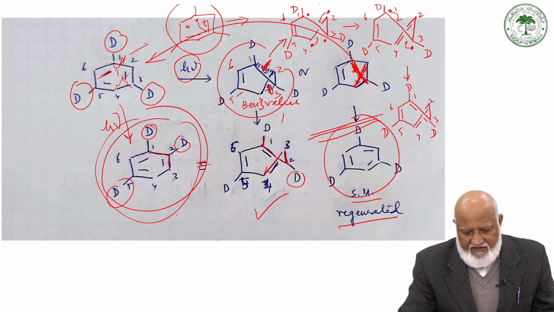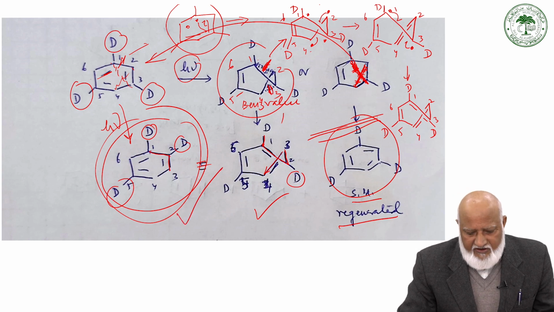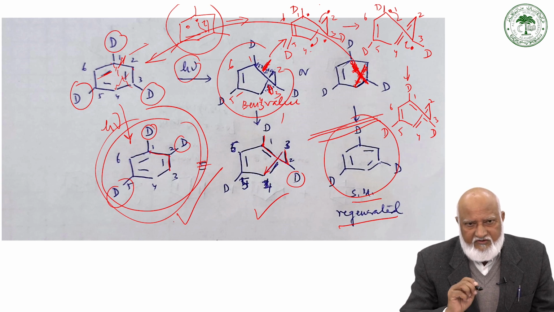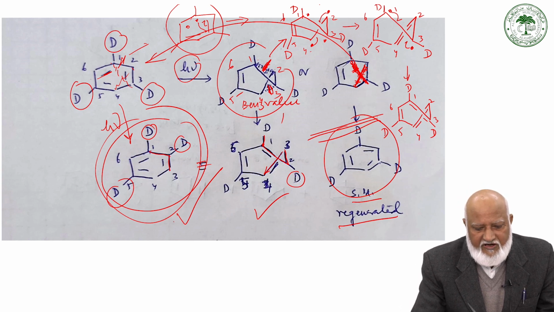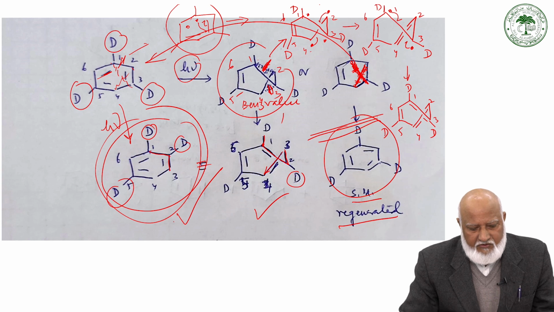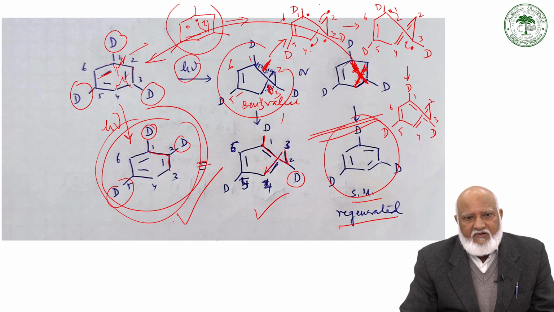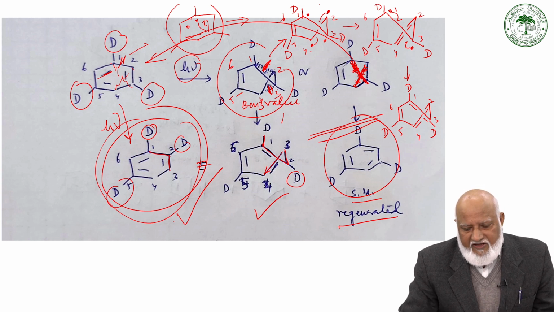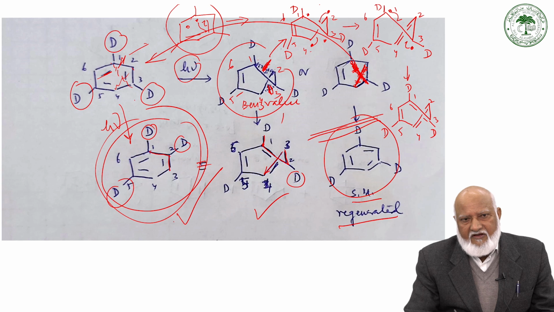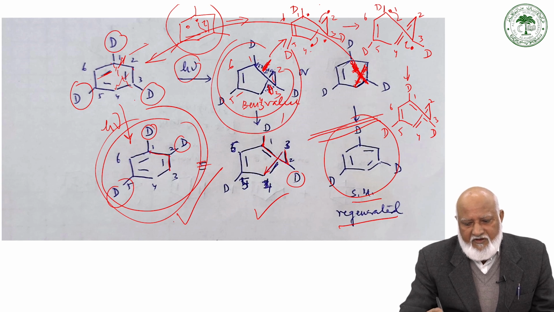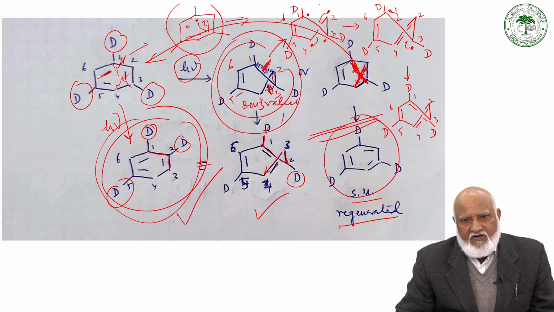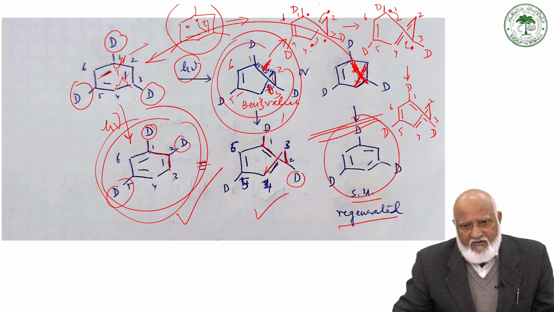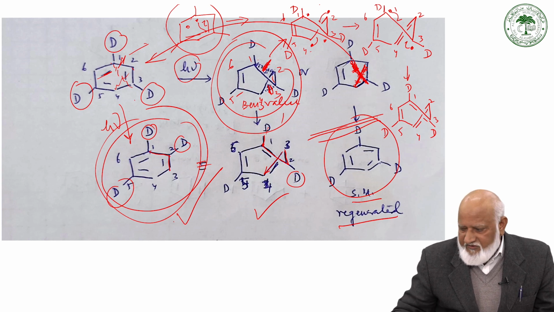And hence it is an experimental fact that when we irradiate 1,3,5-trideuterium benzene, it gives 1,2,5-trideuterium benzene. In order to explain this, you can say that this trisubstituted benzene goes to a benzvalene intermediate, which can undergo further reorganization, cleavage, and formation of new single and double bonds, giving the product.